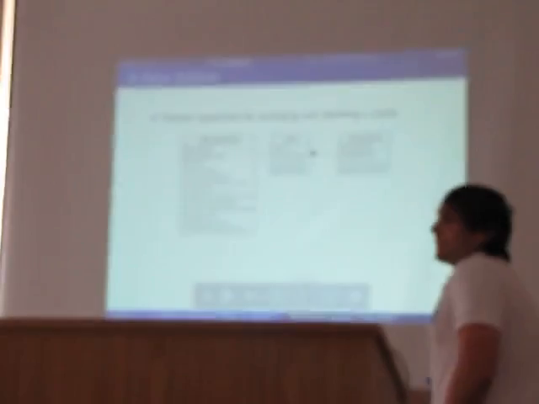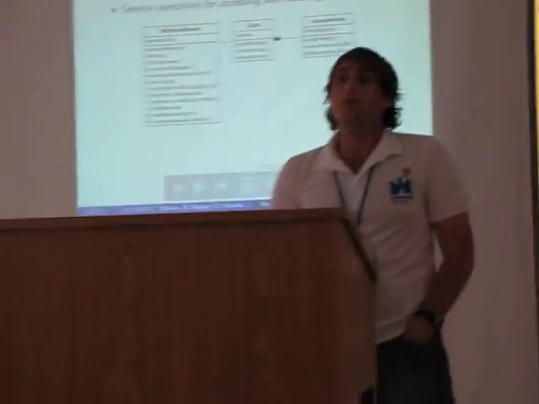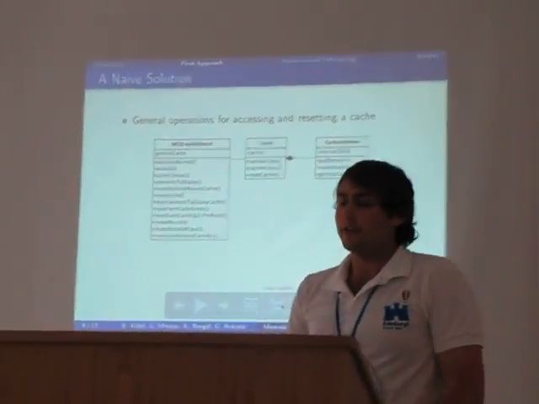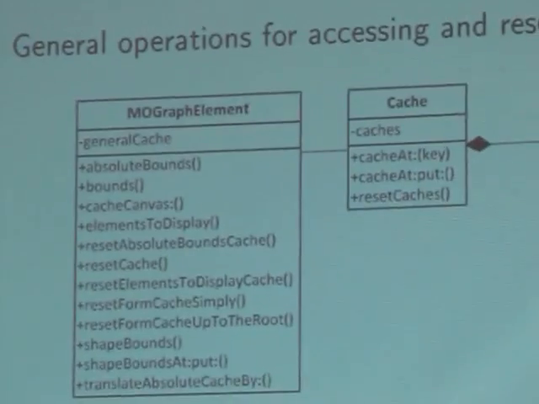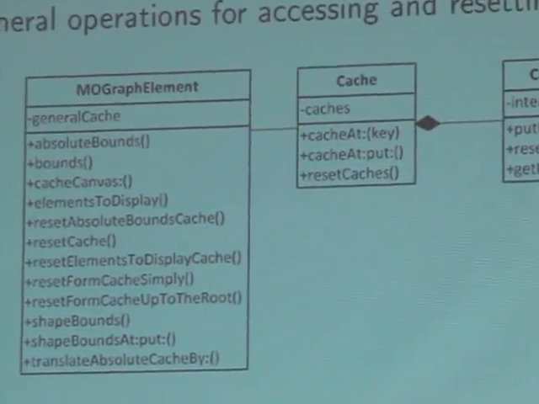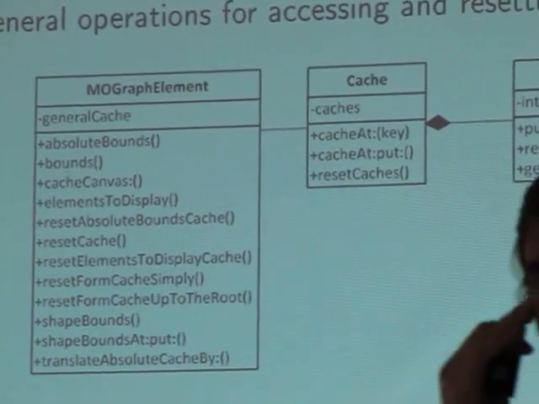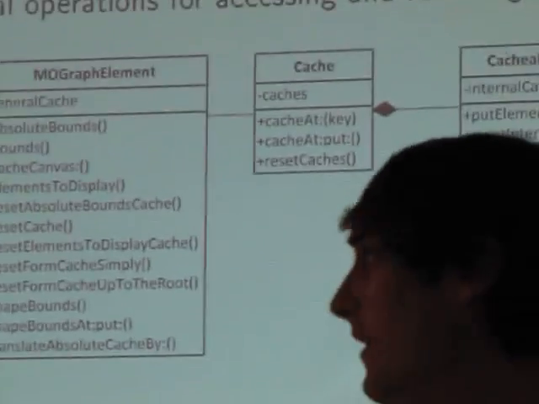But we started with a rather naive solution. We tried to use delegation in order to extract the caches. Enough graph element is the main class of Mondrian. It contains most of the caches that we extract.